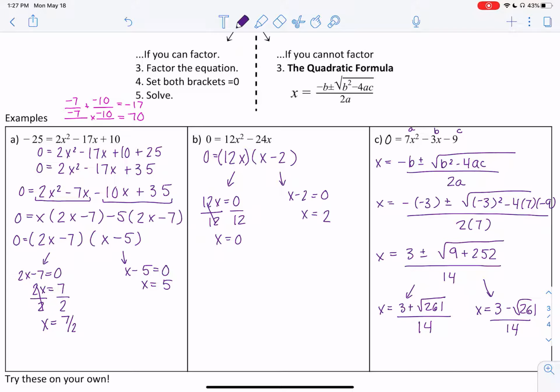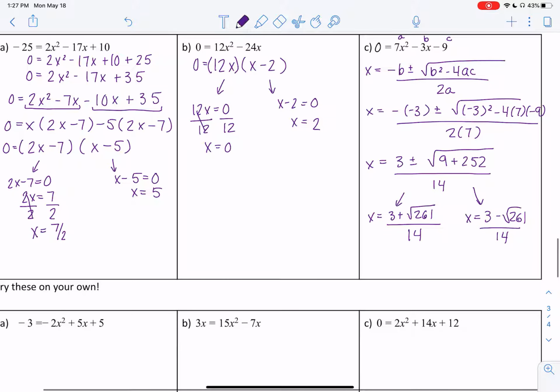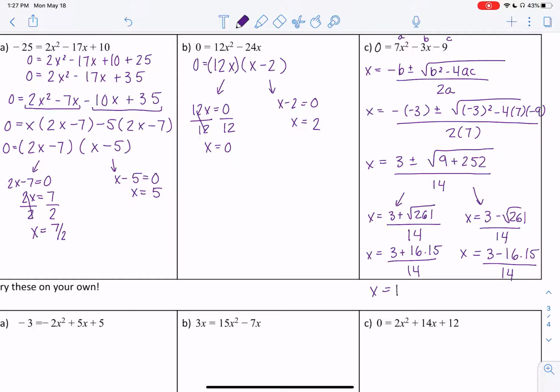Our square root of 261 is 16.15. So our first answer is going to give us 1.37.